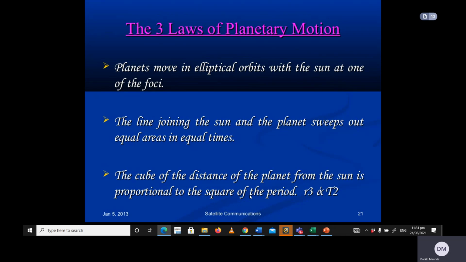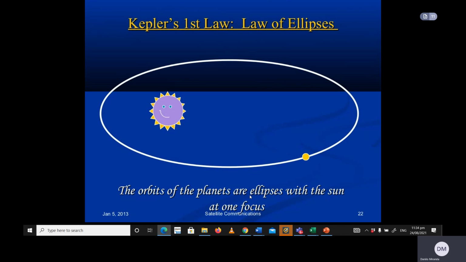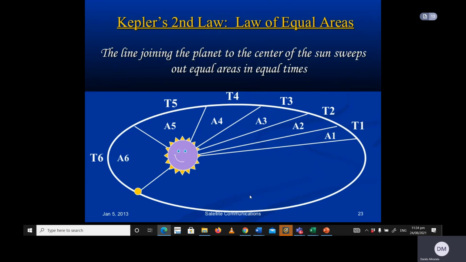The planets move in elliptical orbits with the sun at one focus. This is the second law, that the line joining the planet to the center of the sun sweeps equal areas in equal times.